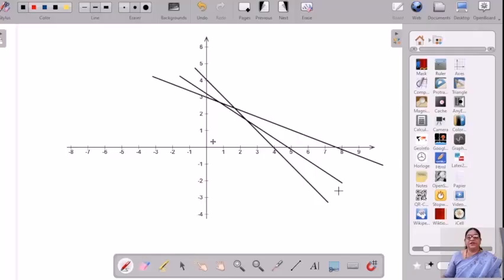The line passing through the point 4, 4 is L1. The line passing through the point 3.5 and 5 is L3. This is our constraint. According to our constraint, this is L3 and this is L2.